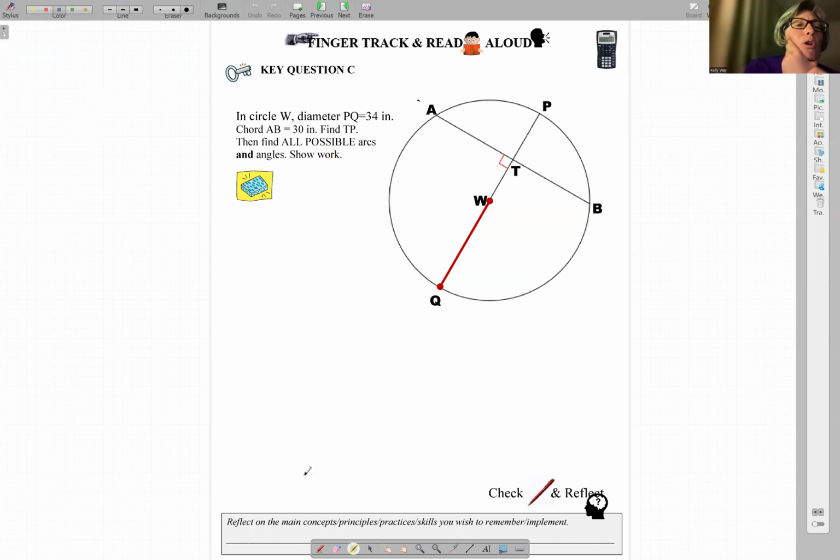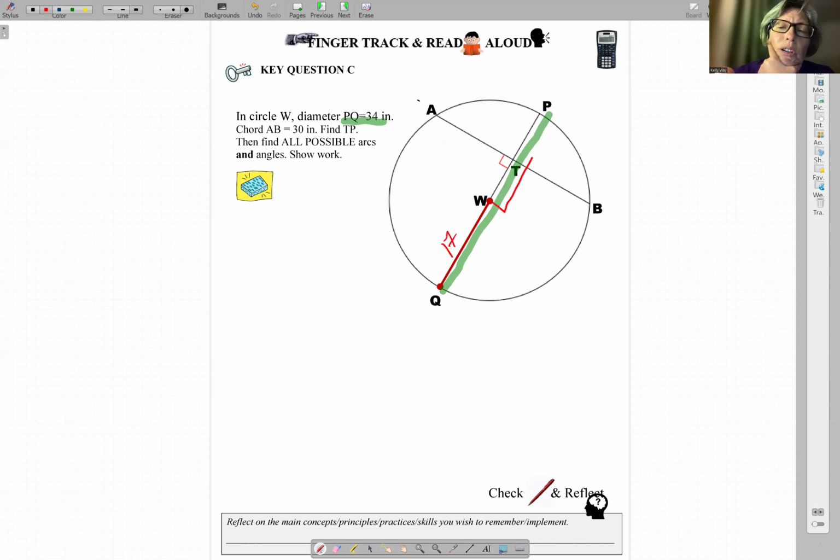Let's start with what we know to be true. It says right here, the diameter P to Q is 34. So if that's 34, instantly we know that half of 34 is 17.